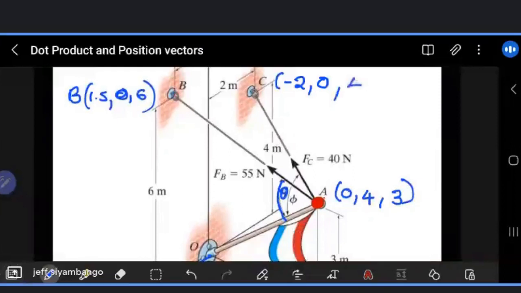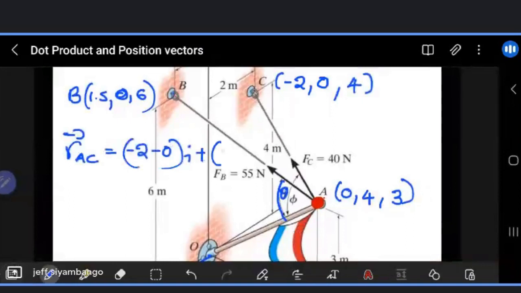So to get our AC, again, we are moving from A to C. The final in x is -2, so we're going to have -2, -0 in the I, and then plus the final in y is 0, minus the initial, which is 4, in the J. And in the Z, our final is 4, our starting point is 3, so we're going to have -3.